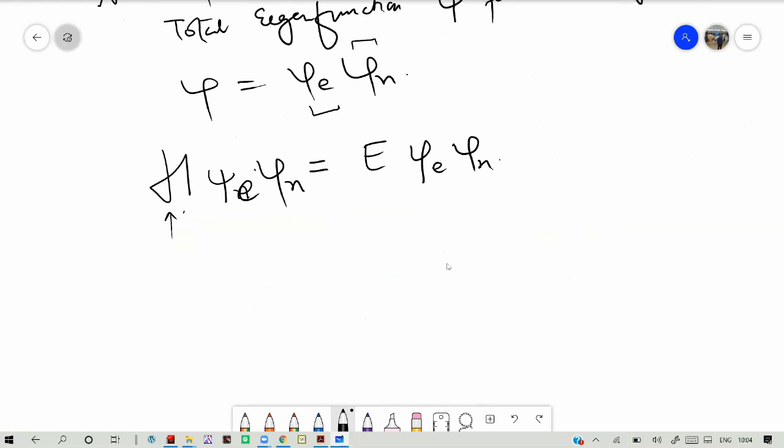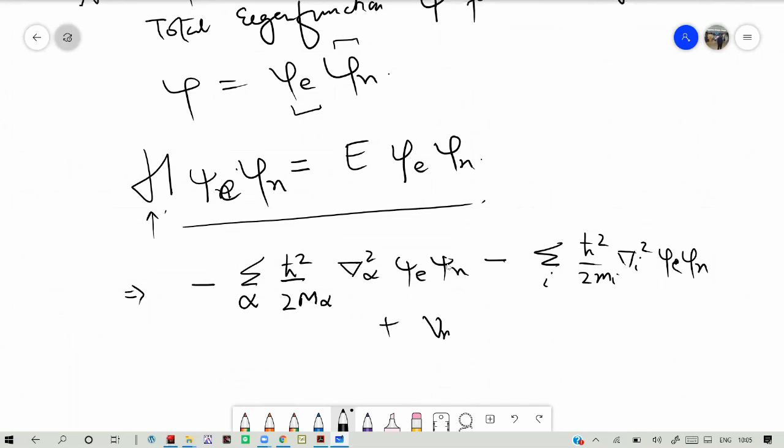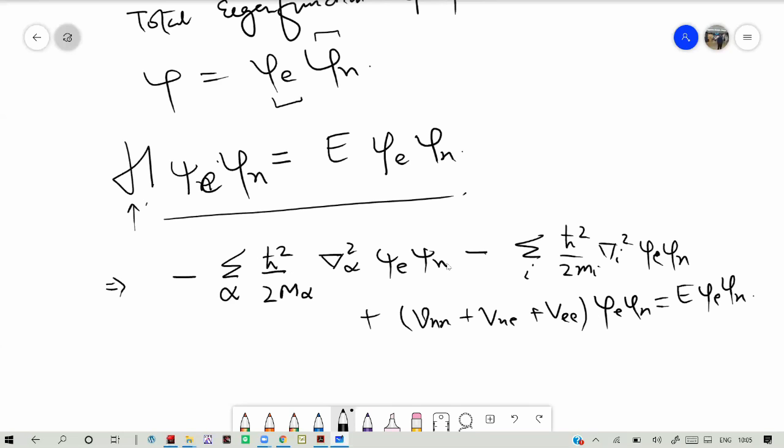So when we use the first in this equation, putting in the total Hamiltonian of the system, we are left with minus summation over alpha h cut square divided by 2m alpha del square alpha psi e psi n, minus summation over I h cut square by 2mi del square I psi e psi n, plus Vnn plus Vne plus Vee into psi e psi n equals E psi e psi n. This is an important equation.